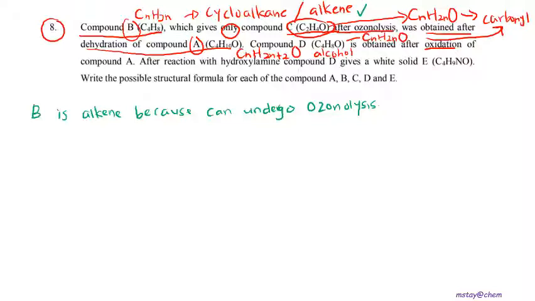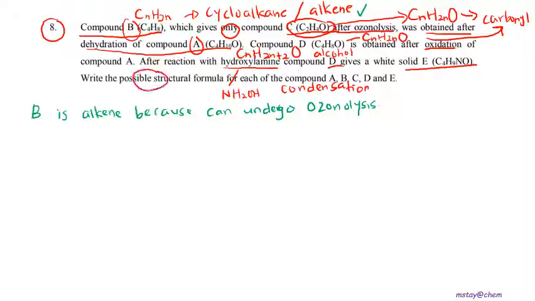Then the reaction of D with hydroxylamine, NH2OH, will give a solid E compound, C4H9NO. Because it's an ammonia derivative, we know this process is condensation.